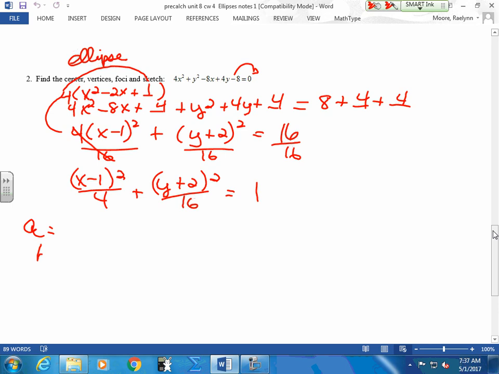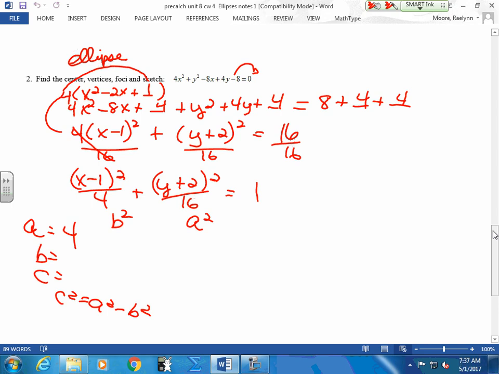So start with A, B, C. So what's A? Who's that for? 4. I heard a 4. Good. Because A is the larger number. So square root of 16, 4.